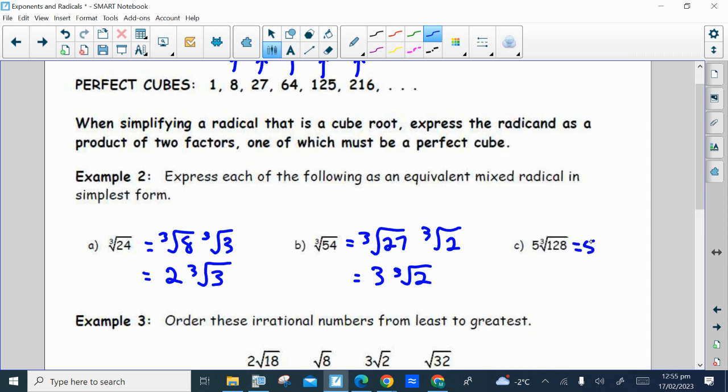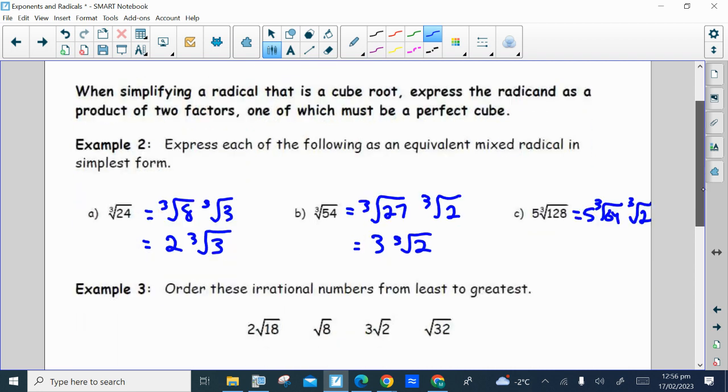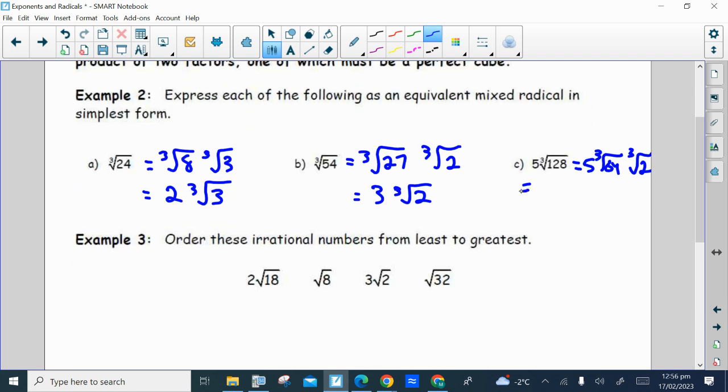So this will be 5 times the cube root of 64 times the cube root of 2. And the cube root of 64, we wrote it above there, is 4. So it'll be 5 times 4 times the cube root of 2. Again, I've taken the cube root of 64, so the cube root has done its job.